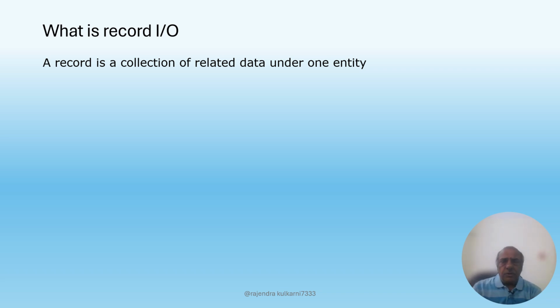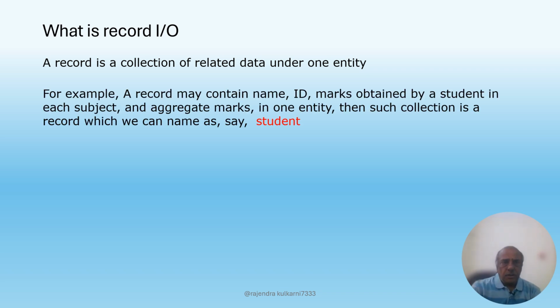In this video we will also be saying what is the record IO, record input output. A record is a collection of related data under one entity. For example, if you want to create a file which will store records of the students in a class or in a school, we can use the record IO.